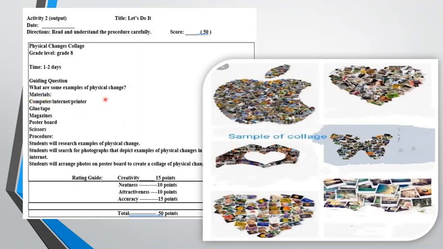All you need to do is get or print or cut out pictures of examples of physical changes. The rating guide here is creativity 15 points, neatness 10 points, attractiveness 10 points, and accuracy 15 points, a total of 50 points.